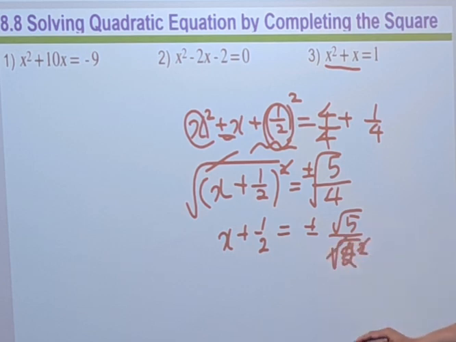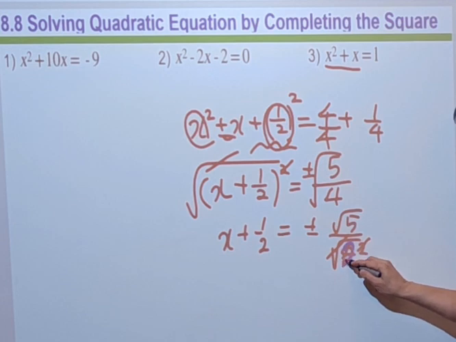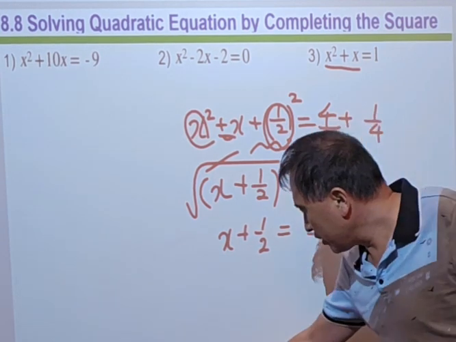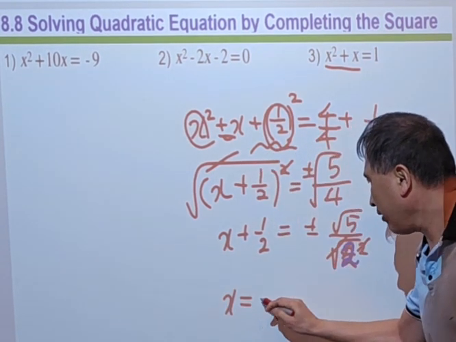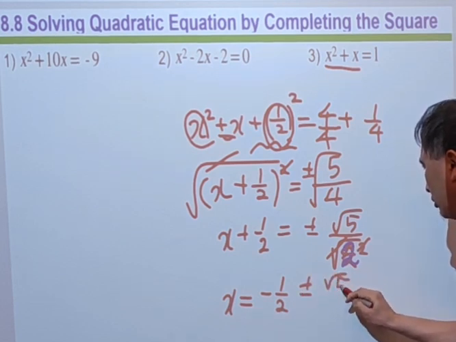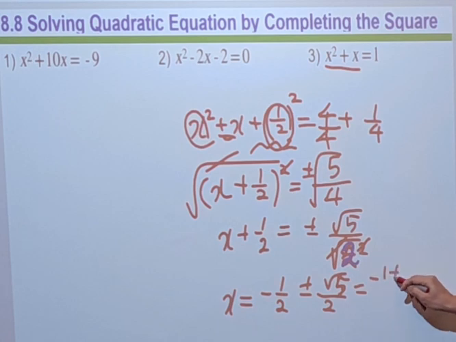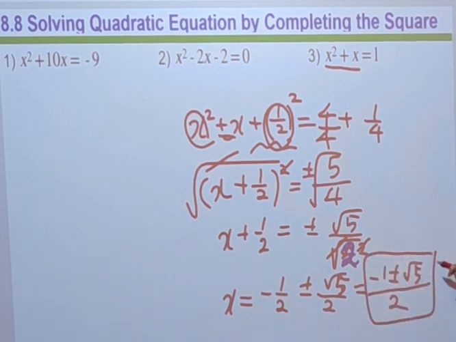Again, this cancels out, so the denominator is a 2. Now minus 1/2 on both sides, plus minus root 5 over 2. The denominator is the same, so you can combine as minus 1 plus minus root 5 over 2. You can put the answer like this.